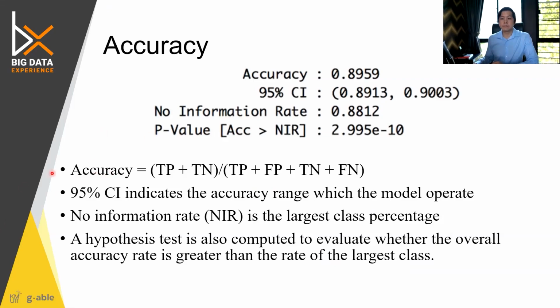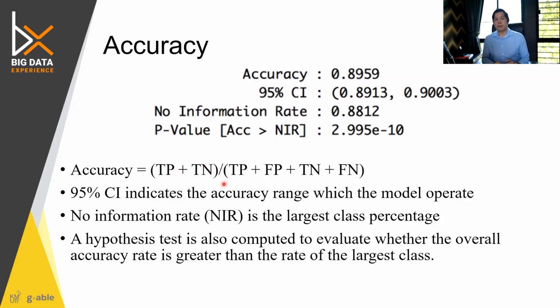Accuracy. Accuracy measures the percentage of the time the model accurately predicts the class. That includes both positive and negative. So accuracy is TP plus TN divided by the whole thing.